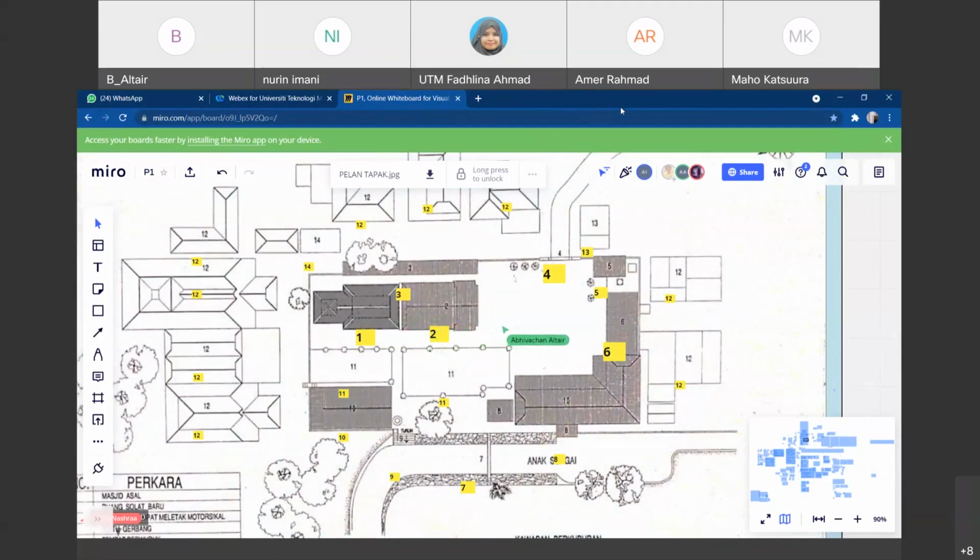And the important thing is number four, the gateway to enter the area. Following on, number nine is the stairs to go down to the river. So there is a river near the mosque. And the last one is number twelve, the rumah penduduk, which is the villagers' houses.